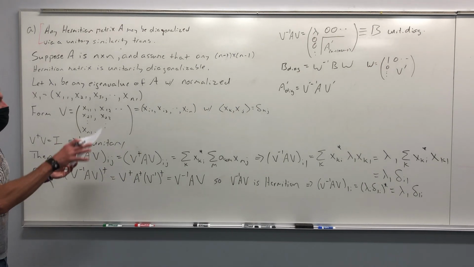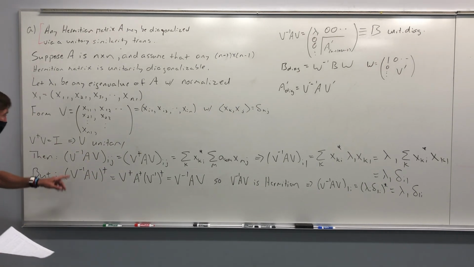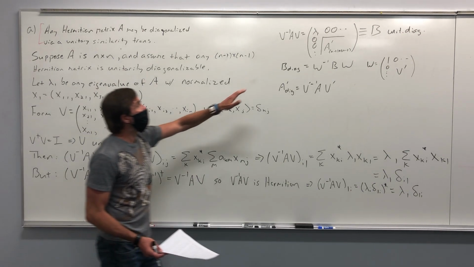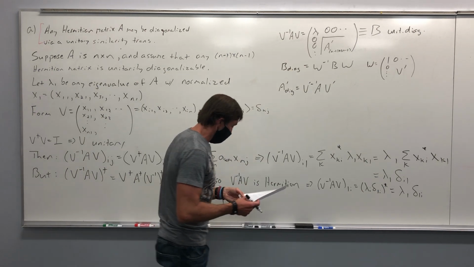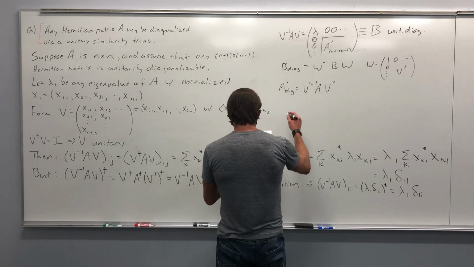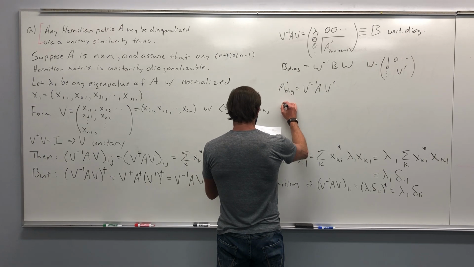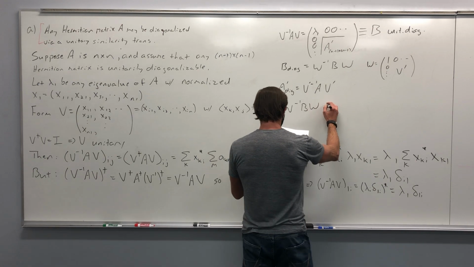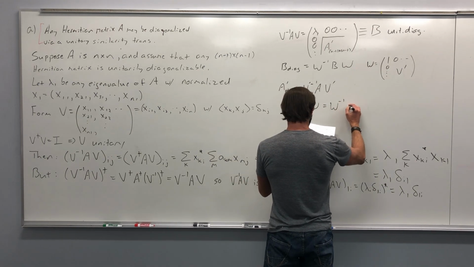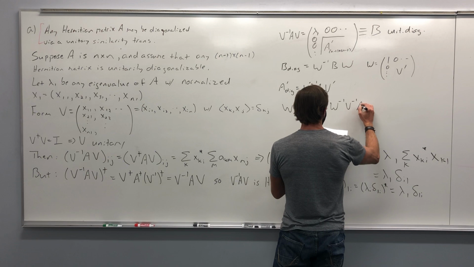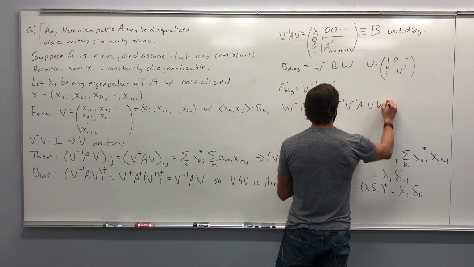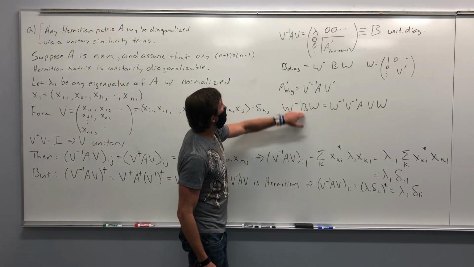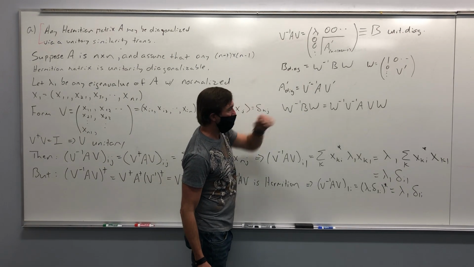Okay, so we've got all this nice stuff, but what about A? Is A diagonalizable? After all, this is not A, this is V inverse AV. So let's have a look. We have W inverse B W equals W inverse V inverse A V W. That's just putting in for B, V inverse AV.